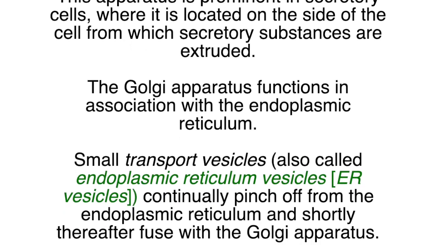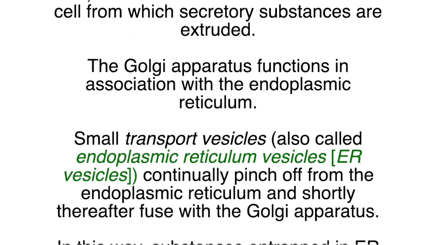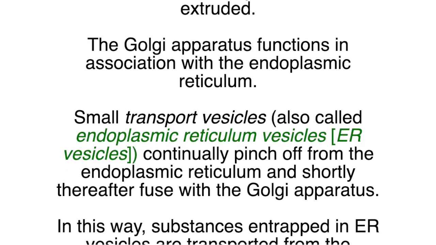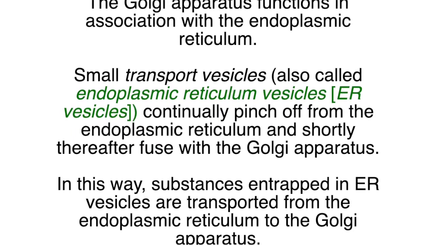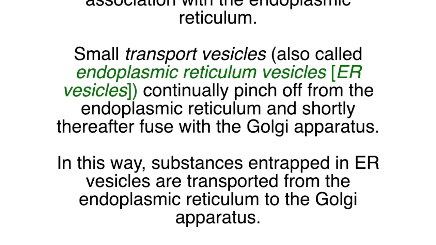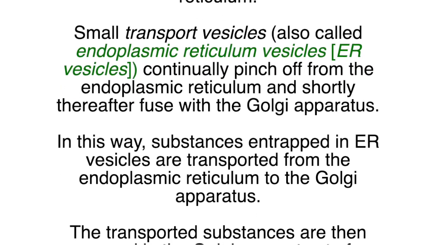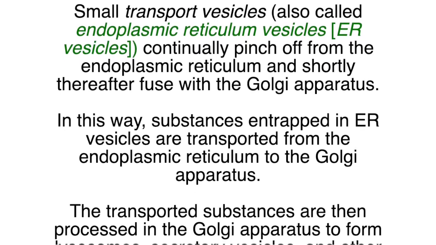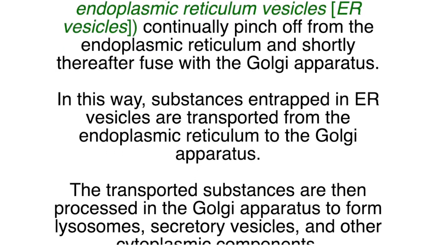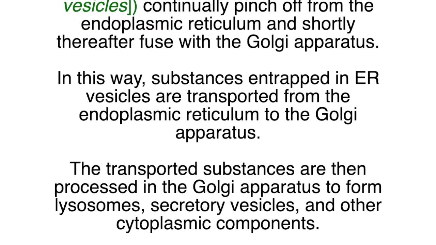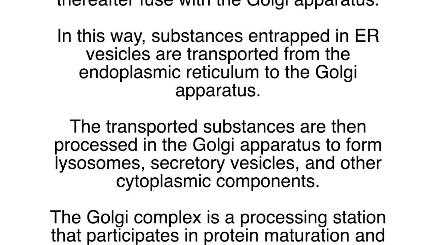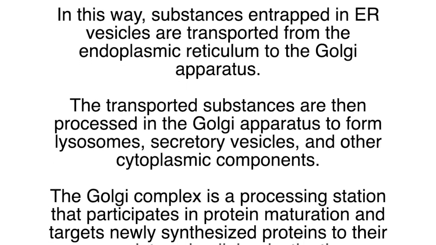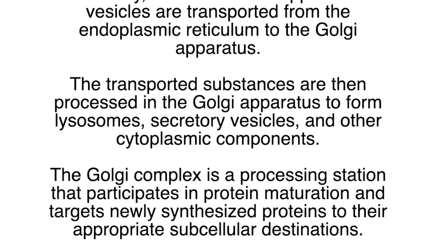The Golgi apparatus functions in association with the endoplasmic reticulum. Small transport vesicles, also called endoplasmic reticulum vesicles, that is ER vesicles, continually pinch off from the endoplasmic reticulum and shortly thereafter fuse with the Golgi apparatus. In this way, substances entrapped in ER vesicles are transported from the endoplasmic reticulum to the Golgi apparatus.